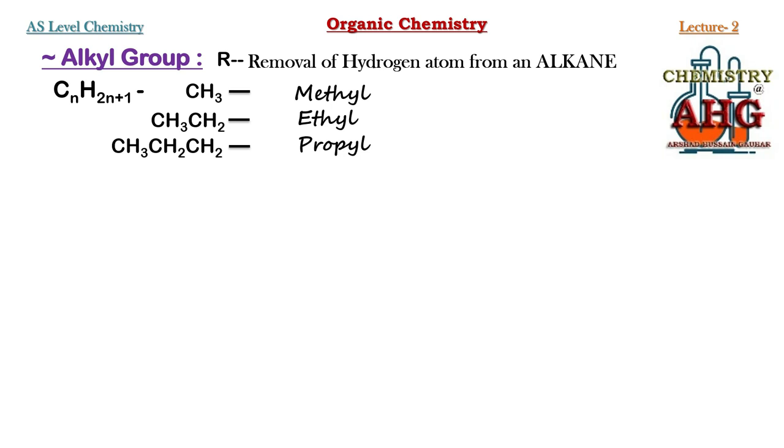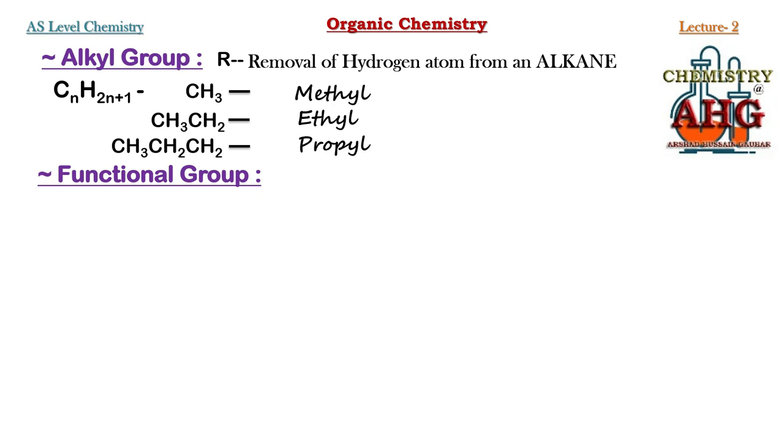Next, as I have told you, alkyl groups are unstable, they become stable after making one bond. Each alkyl group is able to make at least one more bond. Whenever an alkyl group makes one more bond with another atom or group of atoms, that atom or group of atoms is known as a functional group.